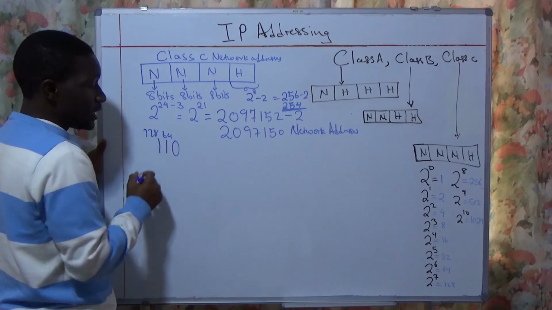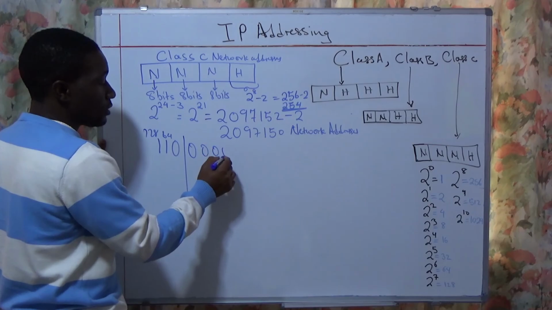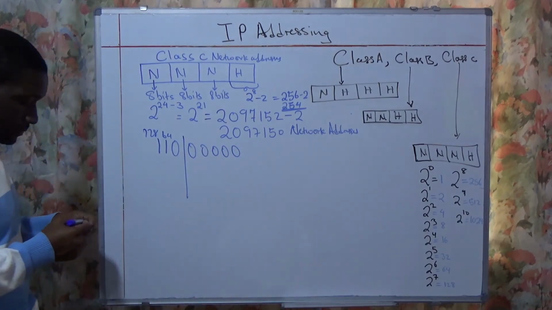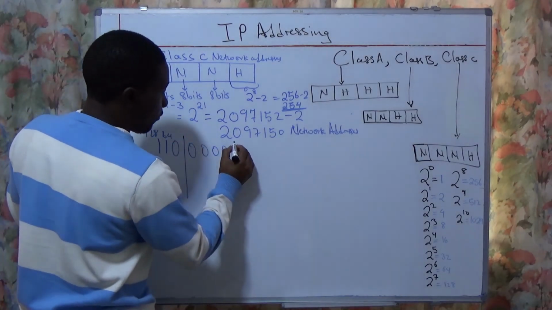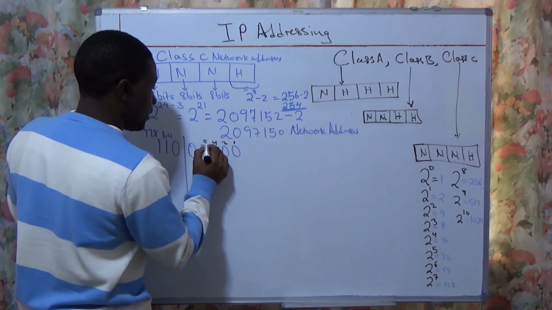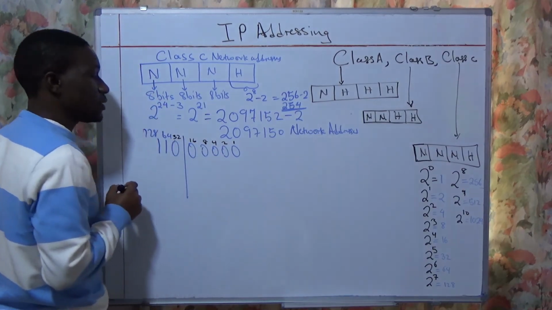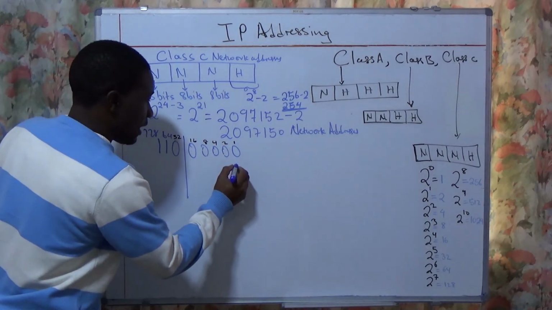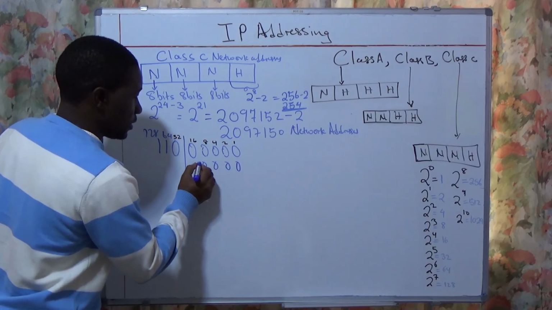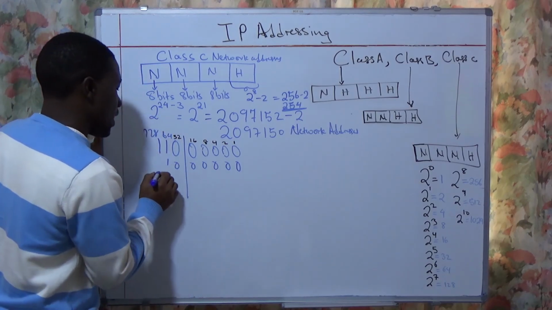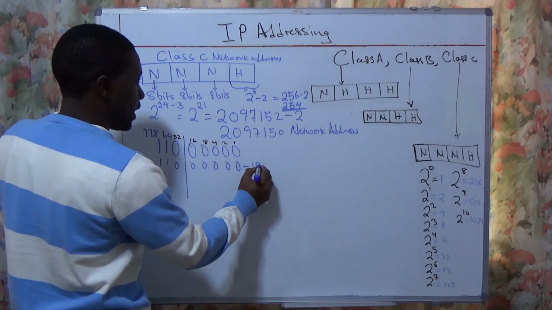And the other one is also reserved, so we shall remain with 0, 0, 0, 0, 0. And that will ideally tell us to have 1, 2, 4, 8, 16, 32. So at this level, we are going to have 0, 0, 0, 0, 0, 0, 1, 1, which will be 192.